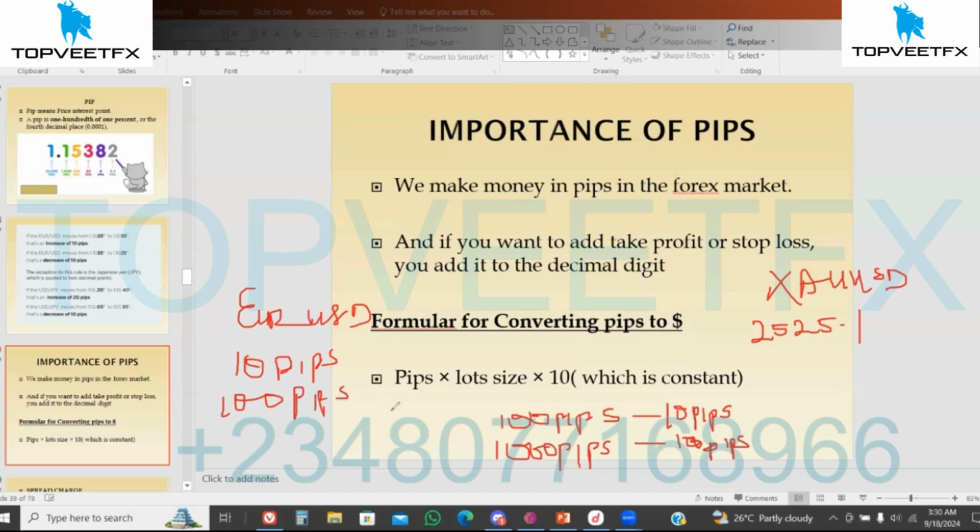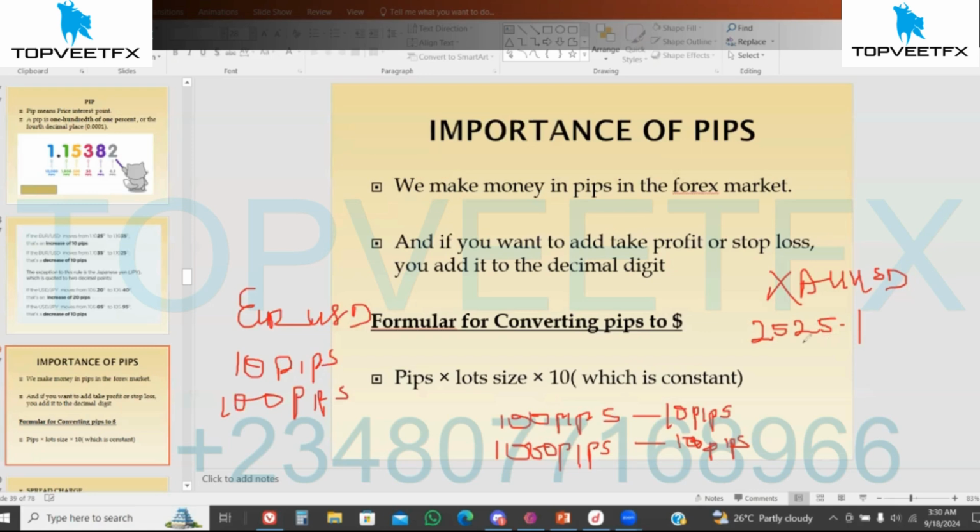But in the case of gold, 100 pips is 10 pips. So if you hear people saying that I made 5,000 pips on gold, what they literally mean is that they made 500 pips. If you hear somebody say, I made 400 pips on gold, what they are literally telling you is that they made 40 pips.